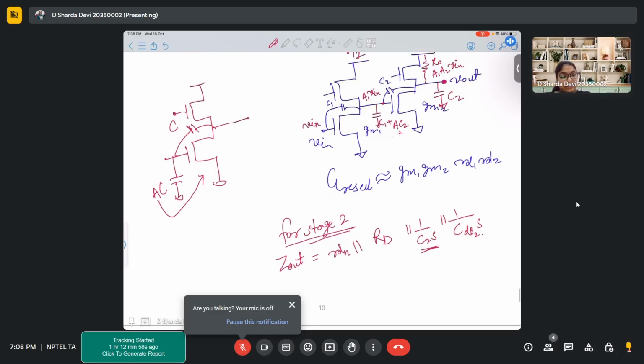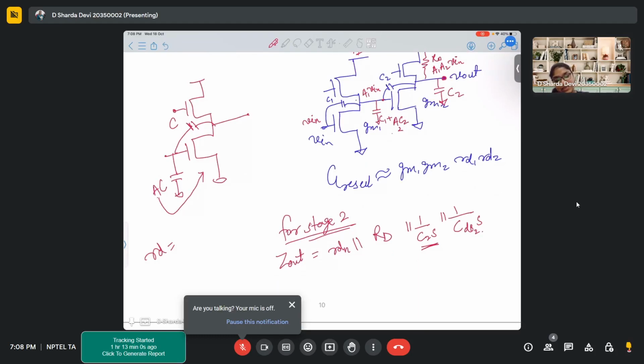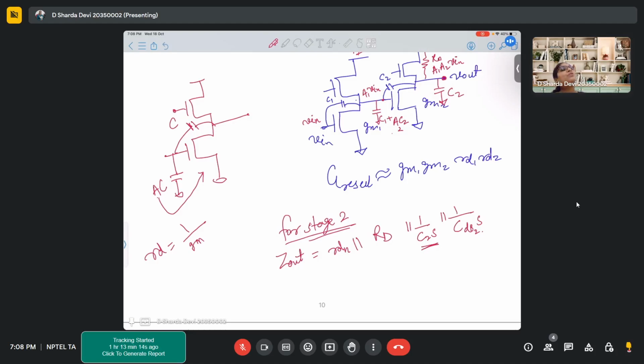No, see, it depends. Generally we consider drain resistance to be 1 upon GDN. So RD is equivalent to 1 upon GDN, and that's why whenever we consider drain resistor, most of the time we consider it as 1 upon GDN.